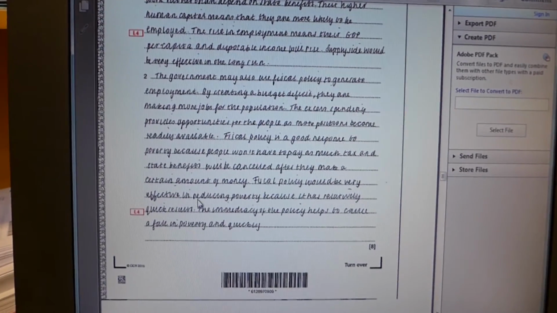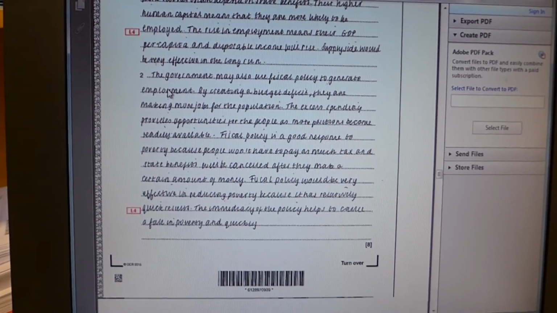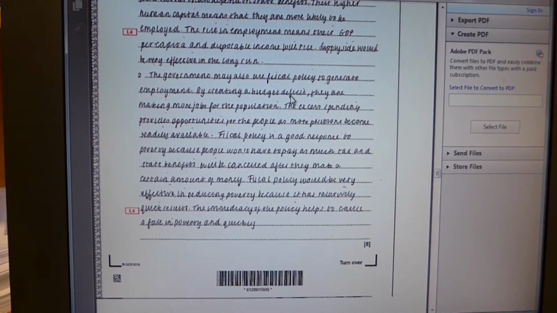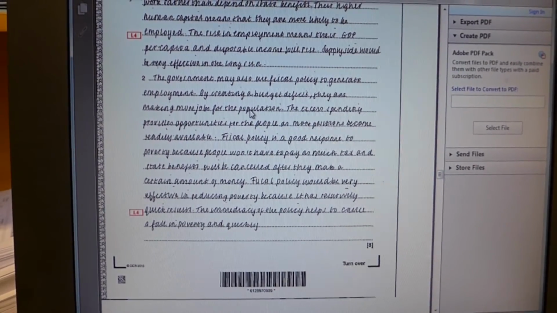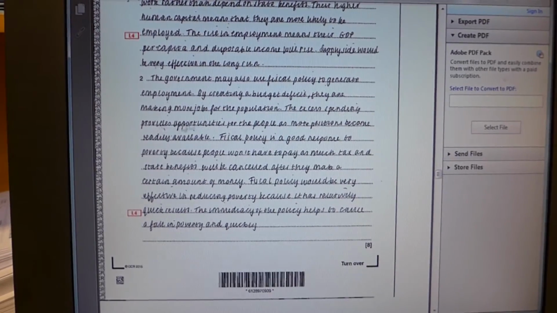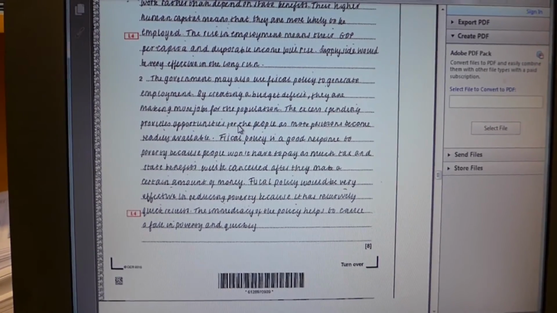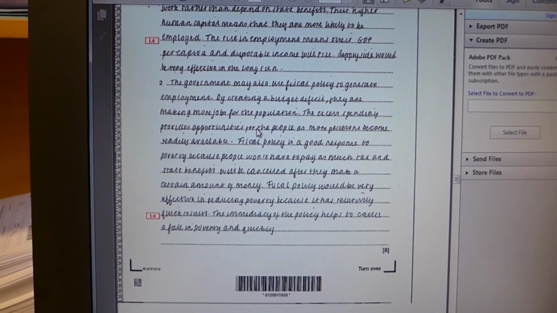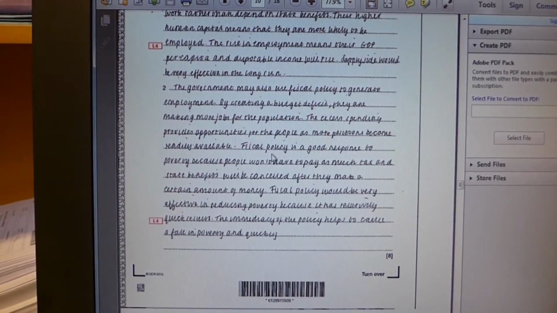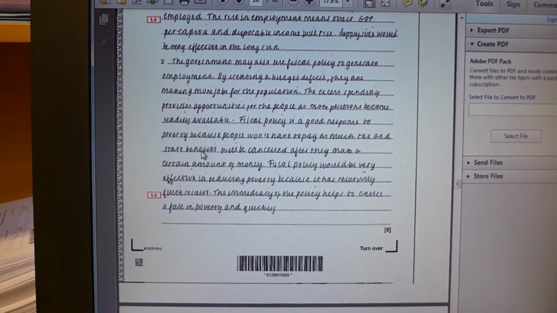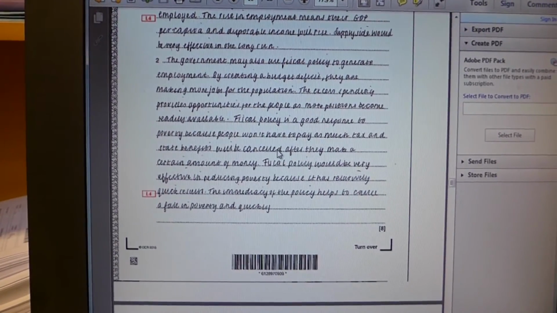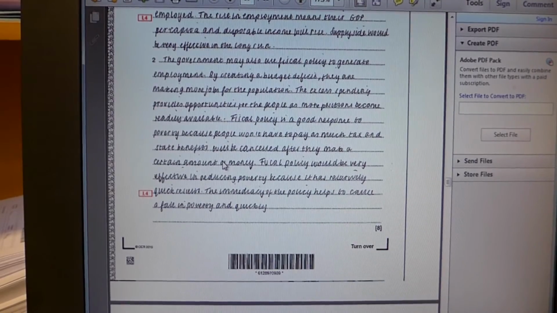The government may also use fiscal policy to generate employment. By creating a budget deficit, which is of course expansionary, they're making more jobs for the population. The excess spending provides opportunities for the people as more positions become readily available. Fiscal policy is a good response to poverty because people won't have to pay as much tax and state benefits will be cancelled after they make a certain amount of money.